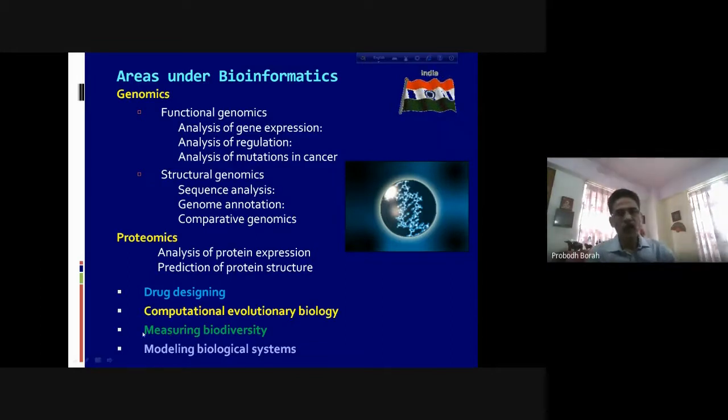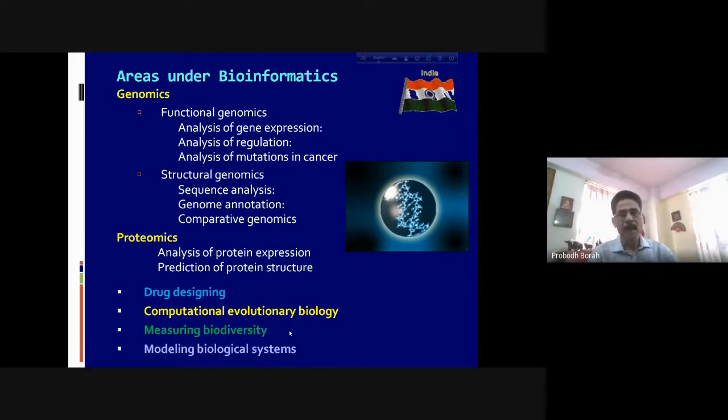So by that way, as I said, use of bioinformatics can establish the evolutionary relationship among species. Therefore, we can also study the distance between species, or the diversities within a species or among species can be measured or quantified by use of these bioinformatics tools.